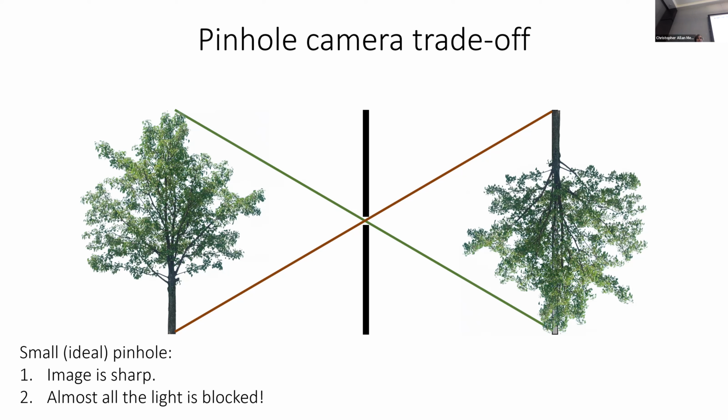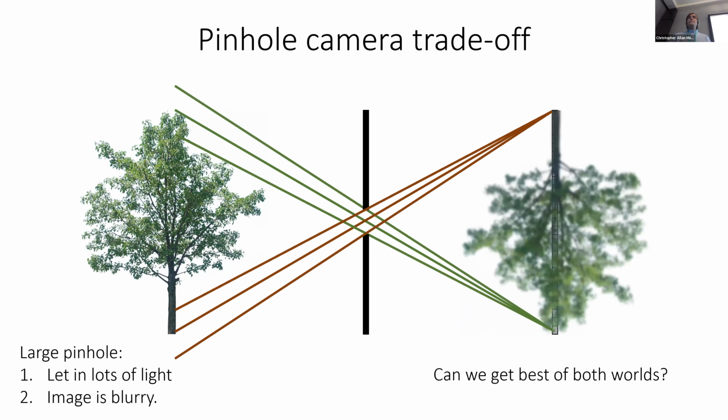But note that we had a ton of light that propagated to this camera, and the vast majority of it was blocked. We recorded very little of the light that actually made it to the aperture. Now we can improve this. We can capture more light by making a larger aperture.